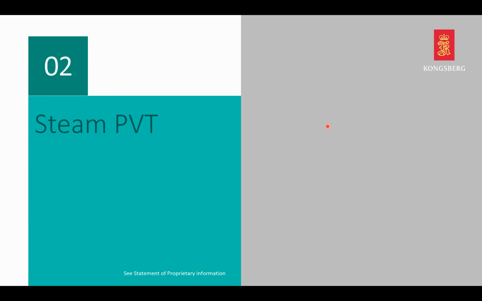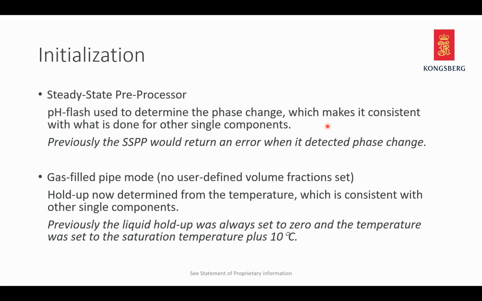I thought I would mention also some improvements that we have implemented for Steam PVT. First of all, regarding the initialization. We now use a pH flash to determine the phase change, which makes it consistent with what is done for other single components. Previously, the steady-state preprocessor would return an error when it detected phase change.